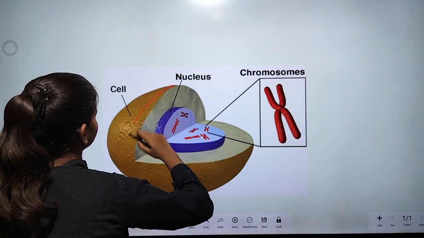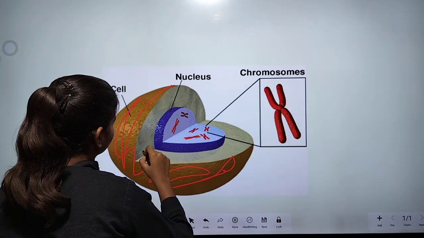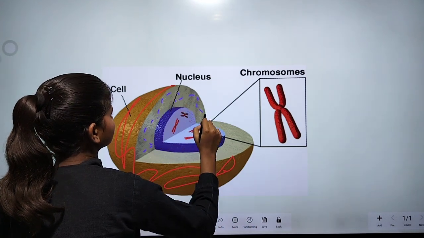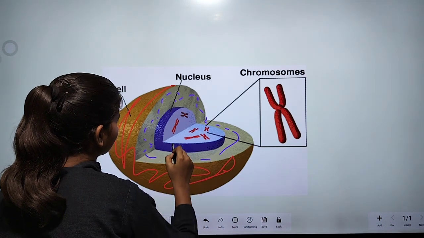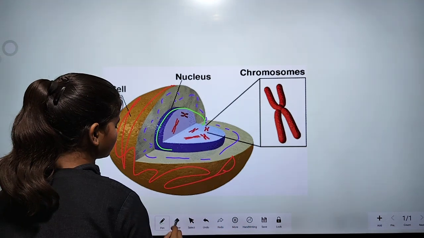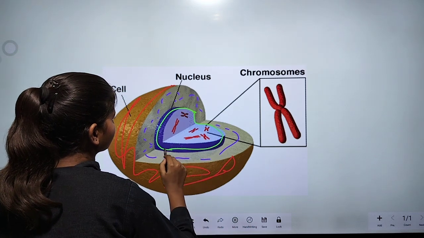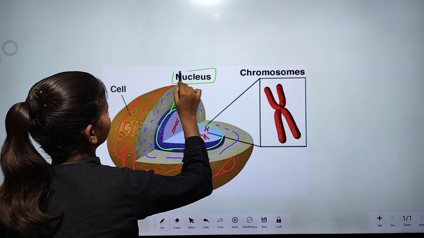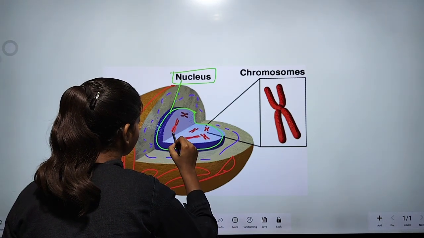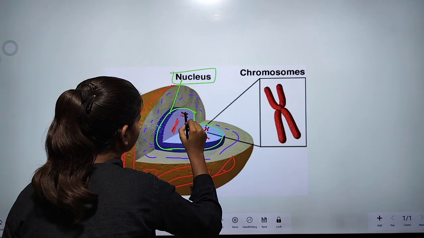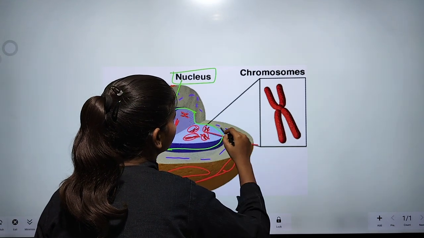This one is the cell, and inside the cell this liquid-like structure is called cytoplasm, and this one is the nucleus of the cell. You can see the rod-like structure in the nucleus.